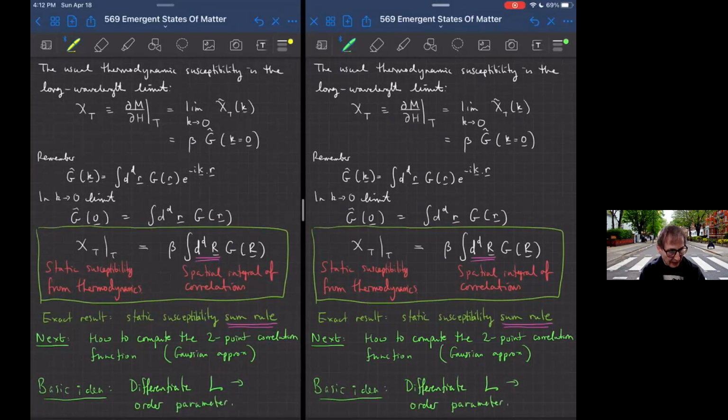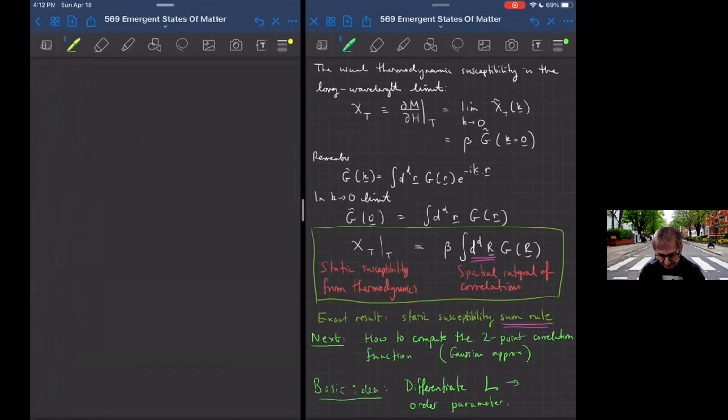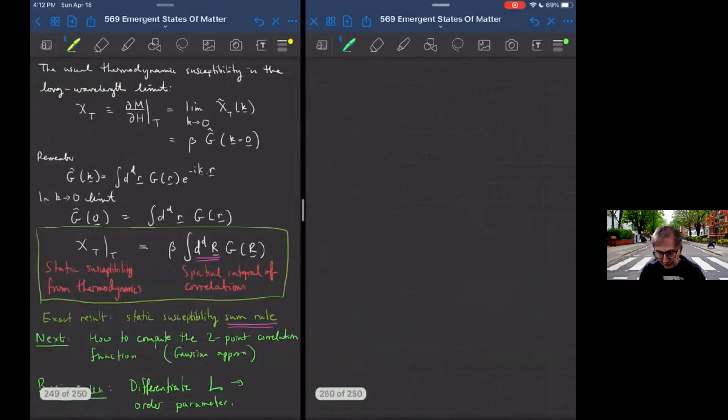And then from that we can do a further differentiation in order to get the actual correlation function. So let me write it down in a more organized way.